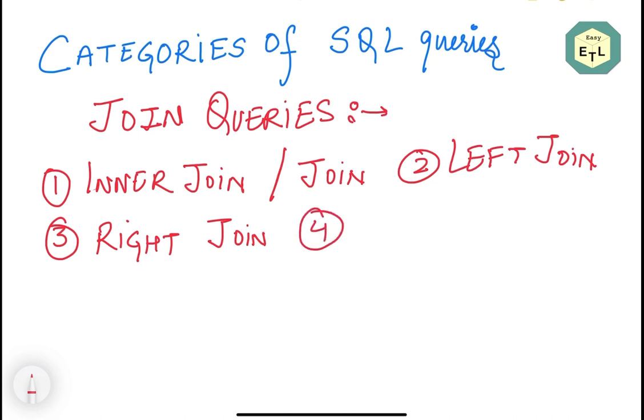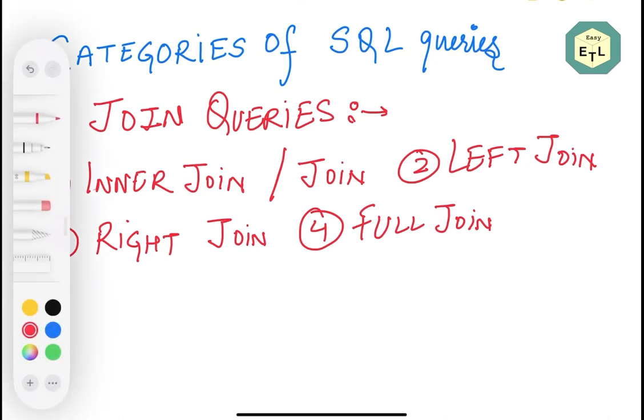And then the fourth one we have is full join or full outer join, right? Now this helps you to retrieve all rows whether there is a match in the left table or in the right table, right? So this was all about the join queries.